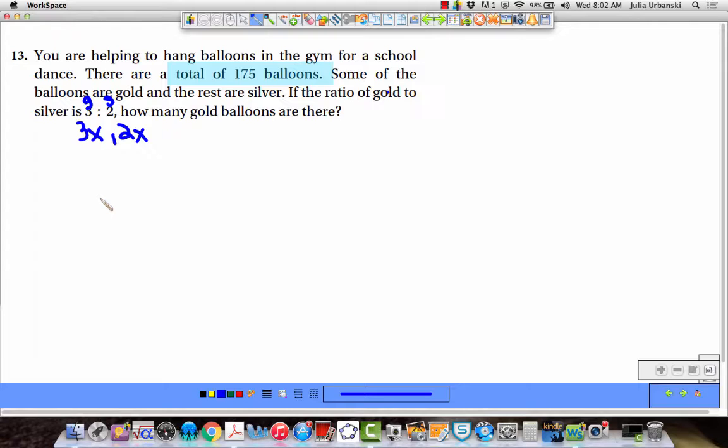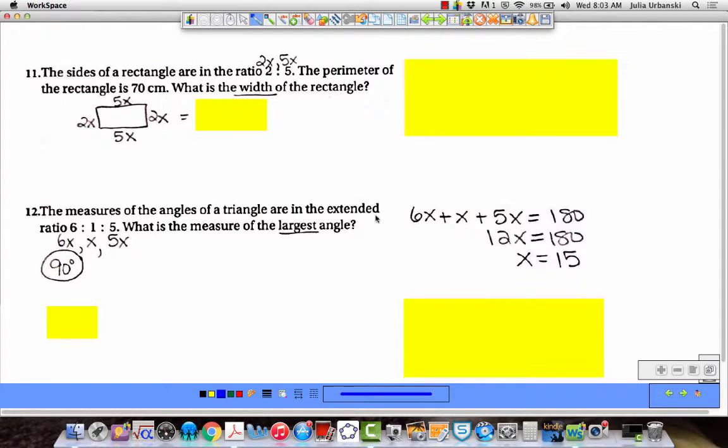What do we do now? If we know that all the gold and silver balloons are in a ratio of 3x and 2x, and we know that the total is 175, what kind of an equation can you make out of that? Right? Just like we did with the one before it. When you know the total is 180, you add up all of your parts to the total.